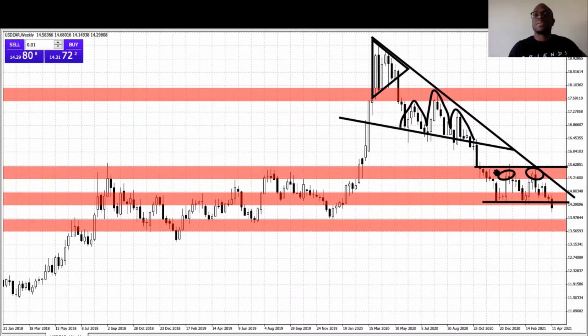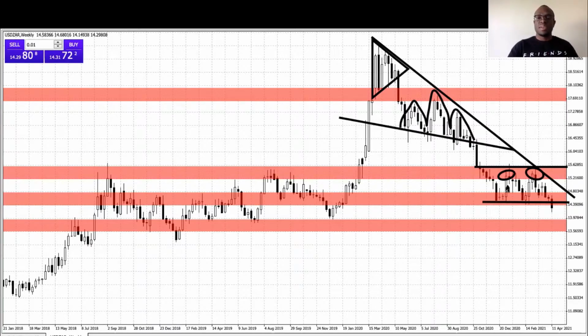Then the second scenario is that since this is a strong reversal pattern, and also combined with the fact that this is a breakout trade, we can expect this bearish move to just continue without any pullback up to 13.56593.